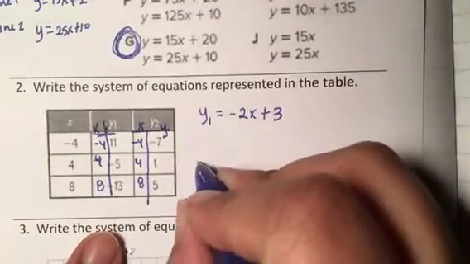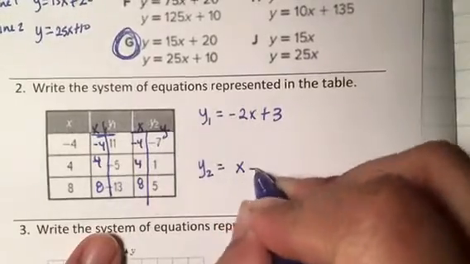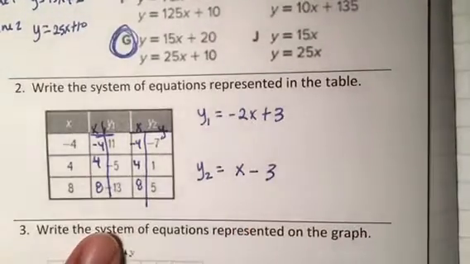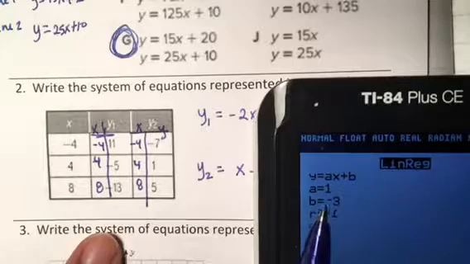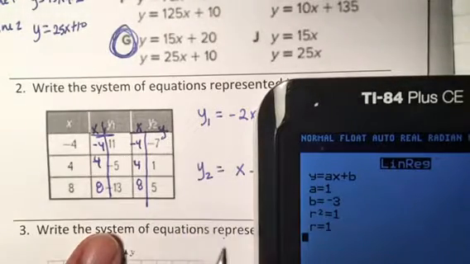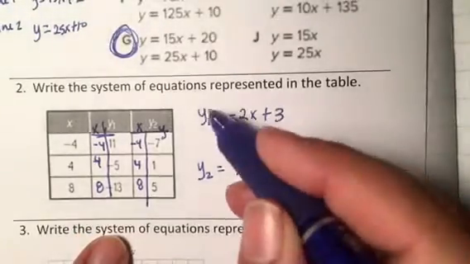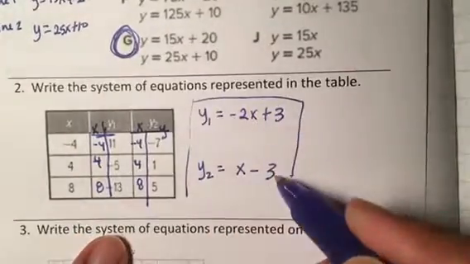Now what I'm going to remind you is that since A is 1, you do not have to write the 1 in front. Remember, there's an imaginary 1 there if it's an understood 1. And since that's a -3, I write it as a -3. So these are my two equations, and that's my answer.